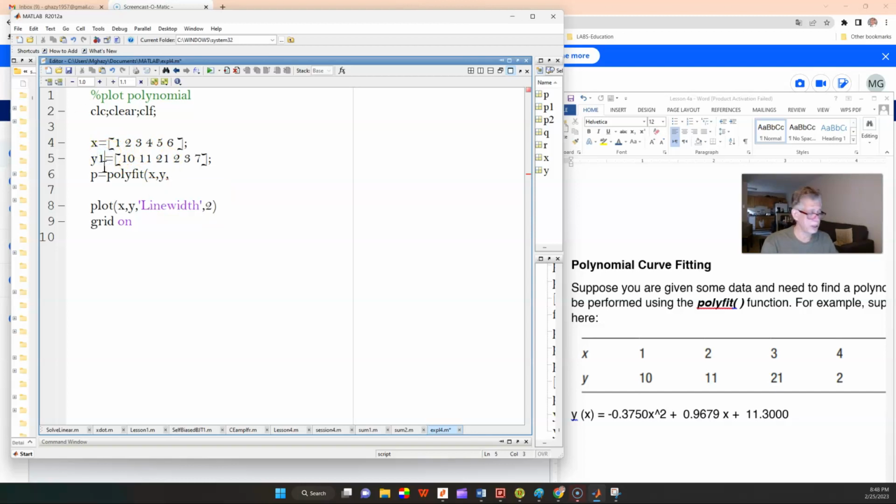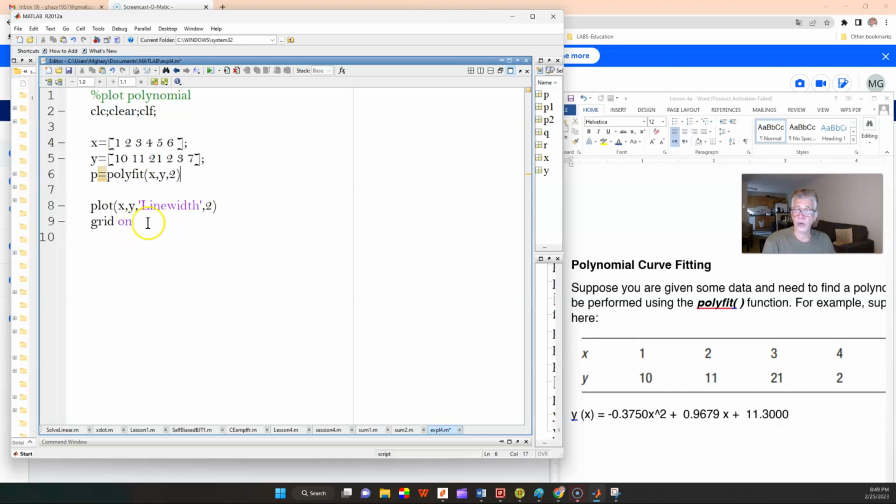So I want MATLAB to take x and y in this order, by the way, independent variable first, and then y, the output data, and then the last one. That's your choice. Do you want a straight line? Write 1. Do you like to have quadratic? Write 2. So I need to write 2 here because I want to get the best quadratic equation that fits this data. All right. So in this way, I get the polynomial.